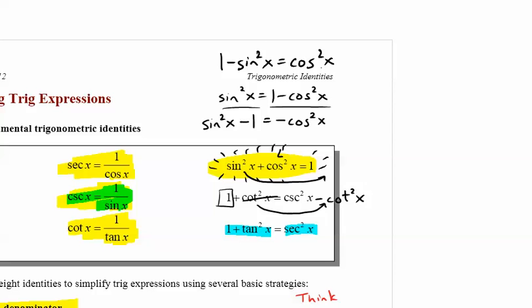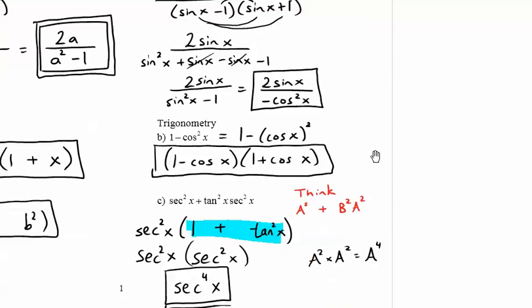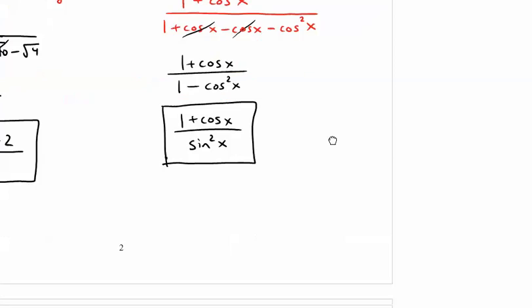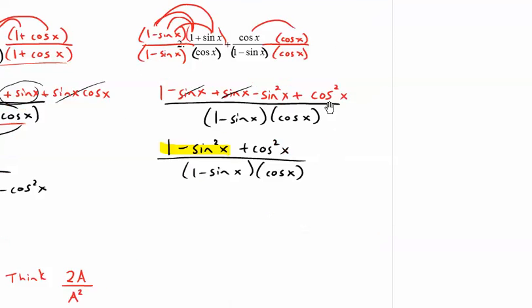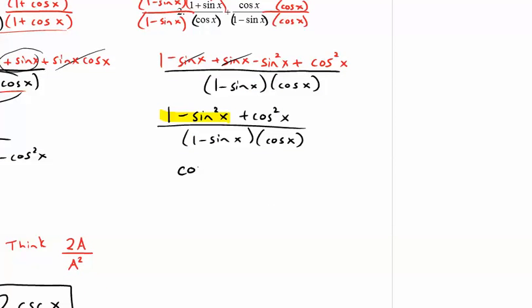So instead of 1 minus sine squared, I can write cos squared x. So cos squared x plus cos squared x over 1 minus sine times cos.